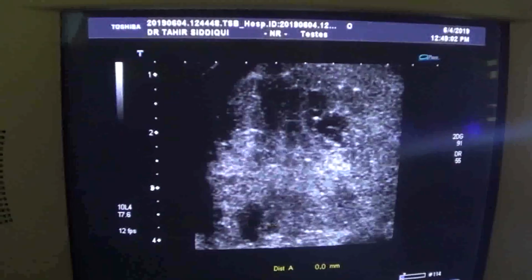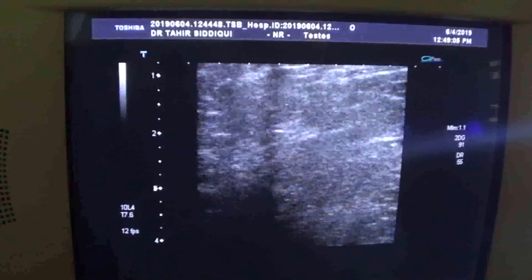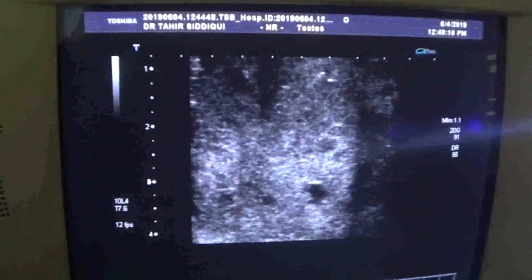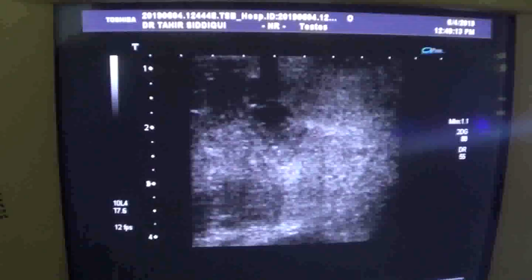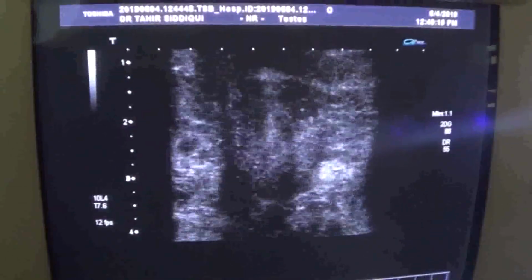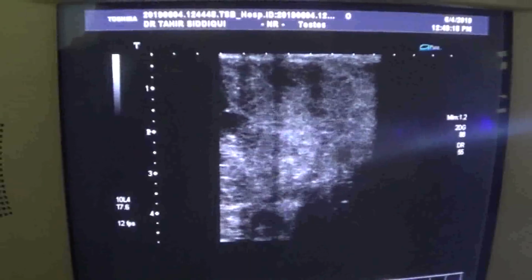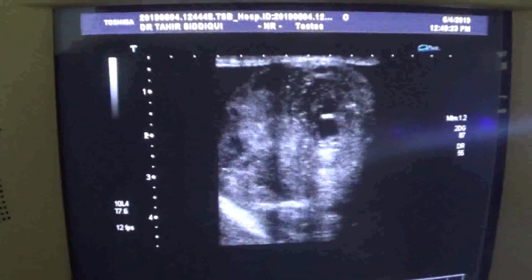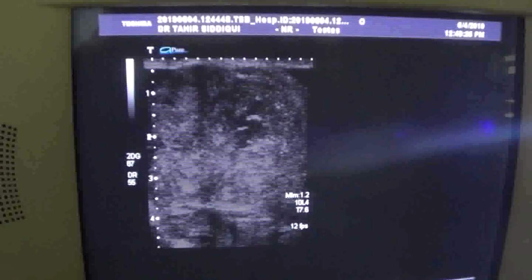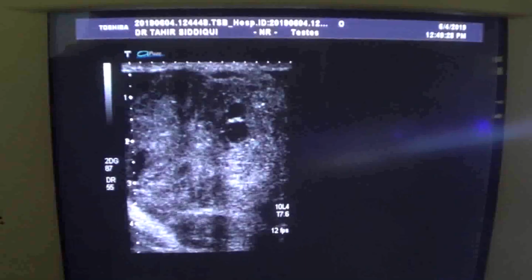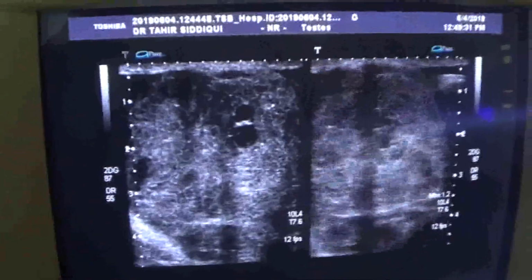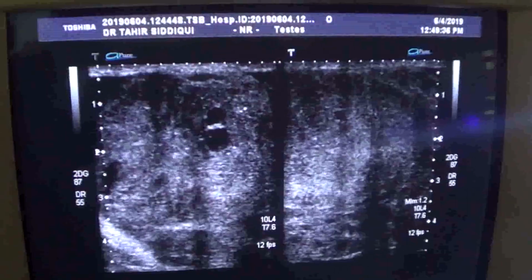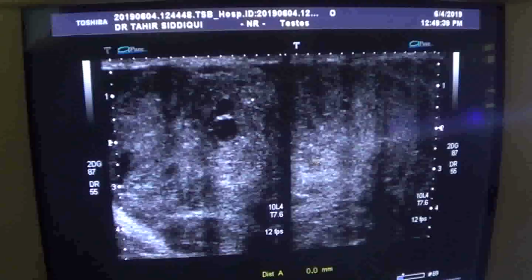So it's a mixed echo solid mass, with internal cystic areas, microliths, calcifications.